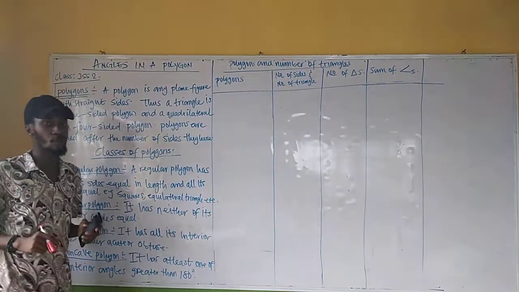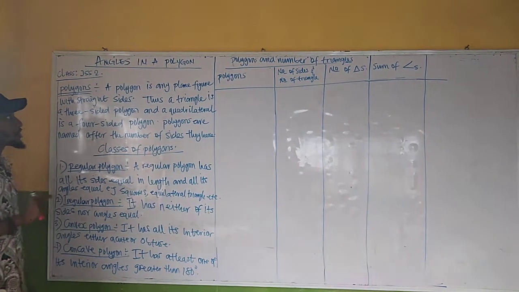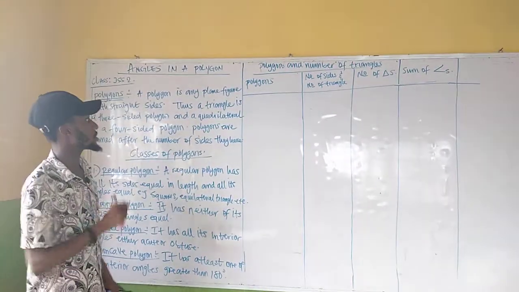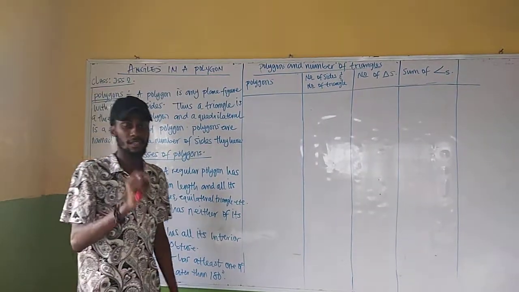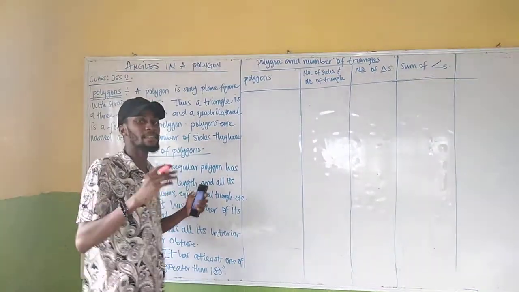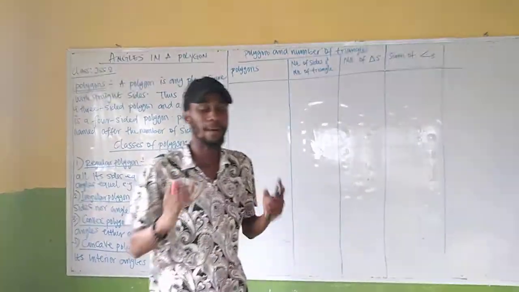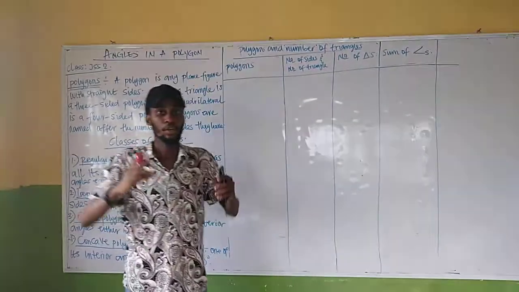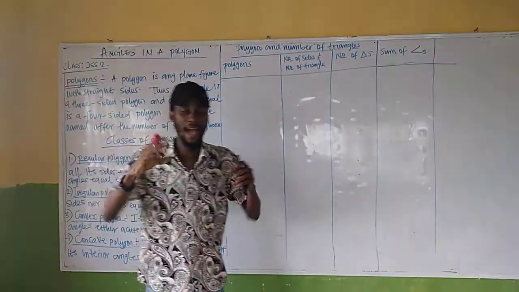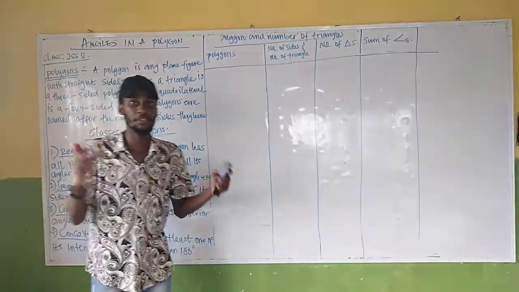Now, to start with, what is a polygon? A polygon is any plane figure with straight sides. A polygon can be defined as a plane figure or a plane shape that is bounded or formed by 3 or more straight lines.